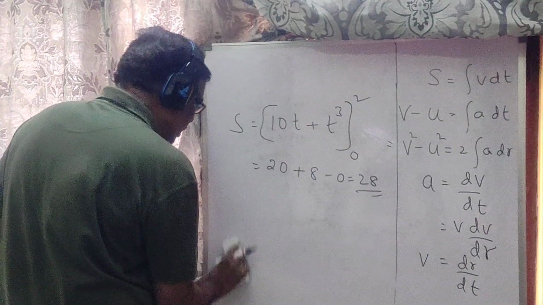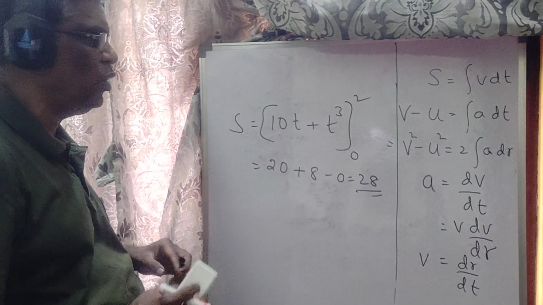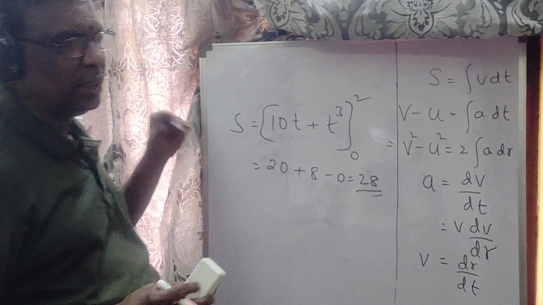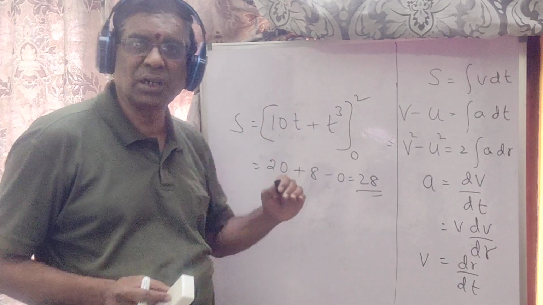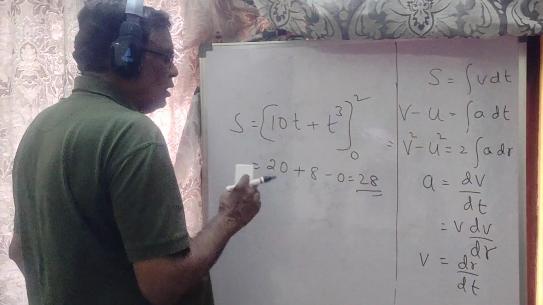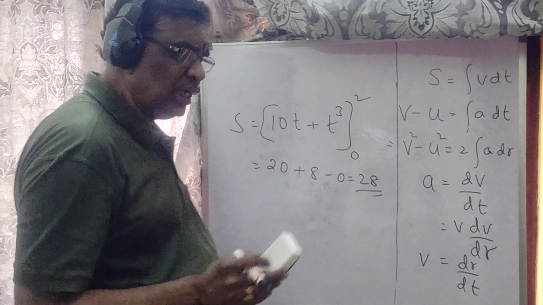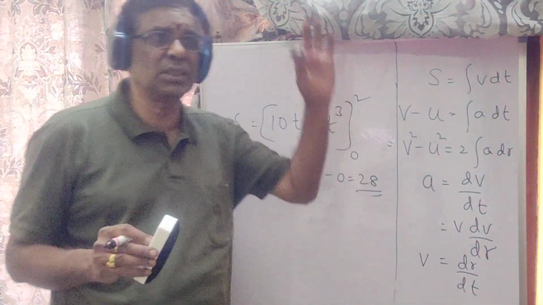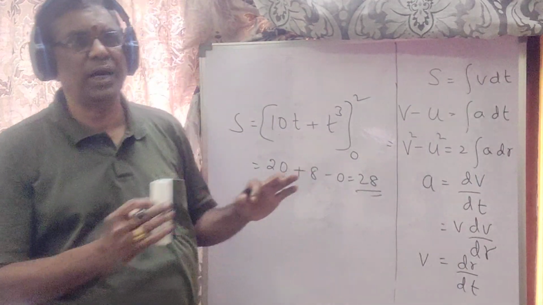Now, what is this that I have given you in this example? If you see carefully, I have taken a case where a is a variable acceleration, and that too a is a function of time. Sometimes they'll ask you, a is given, what is displacement? Never directly rush to that part.